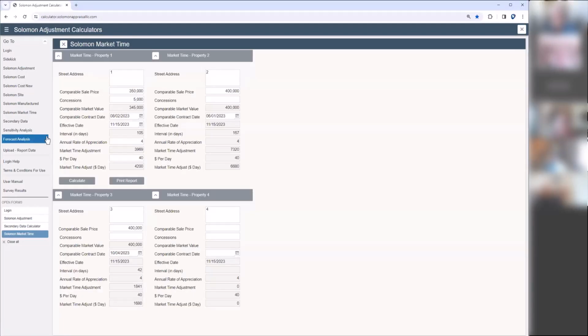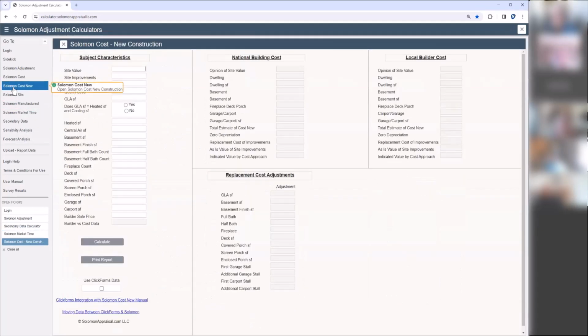So I'm going to, at this time, go to the menu and go to Solomon Cost New. Now, I don't know about any of you, but the first time when I started appraising, I was pretty impressed with my mentor's cost manual. It was just fascinating to me with all those colored pages, and he was supposed to be getting new pages every quarter and so on.